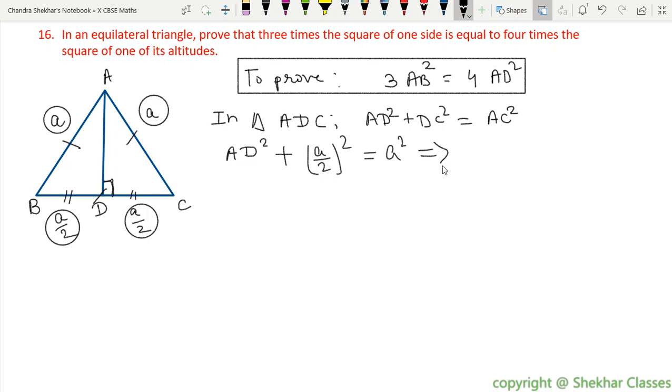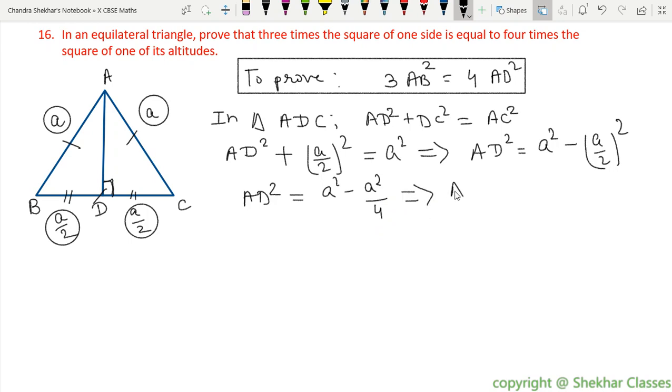So I can write further, AD square is equal to A square minus A by 2 whole square. So I'll get here AD square is equal to A square minus A square by 4.